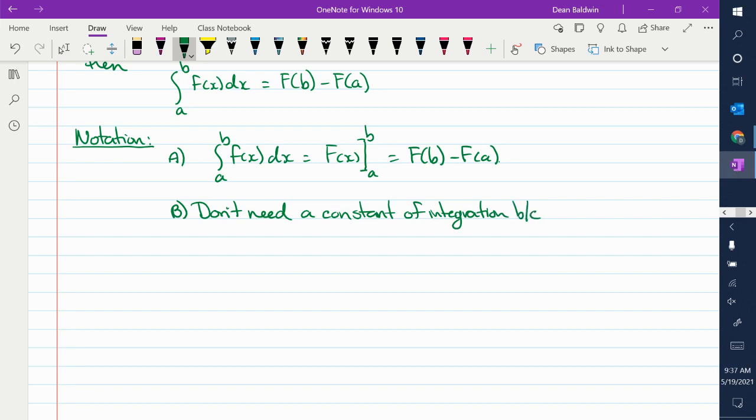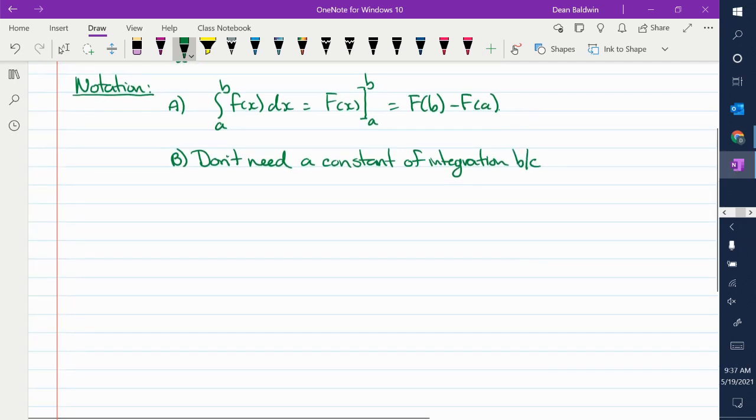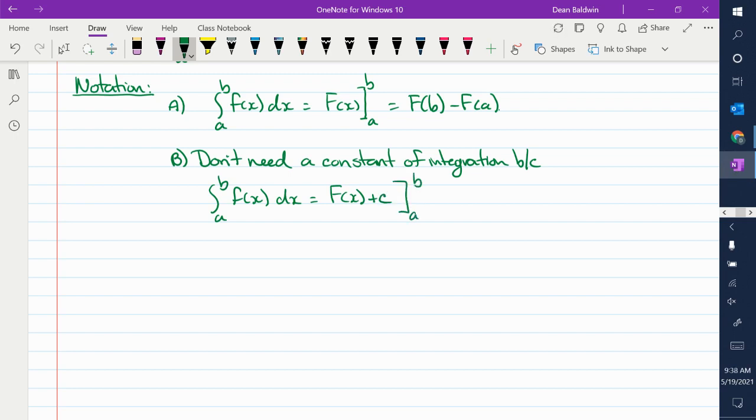So that's called a constant of integration, and we don't need it because if you evaluate the function, I get my antiderivative plus c, and I evaluate it from a to b. So you plug in b first. B always goes first.